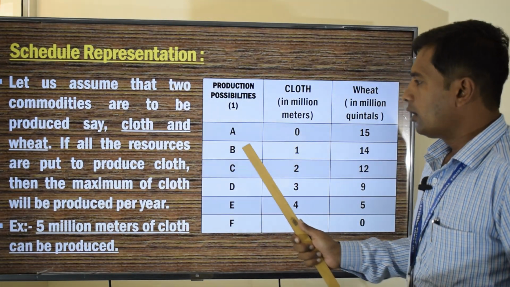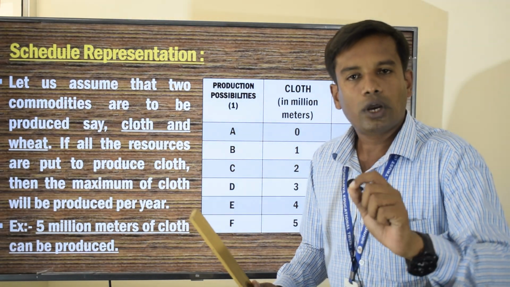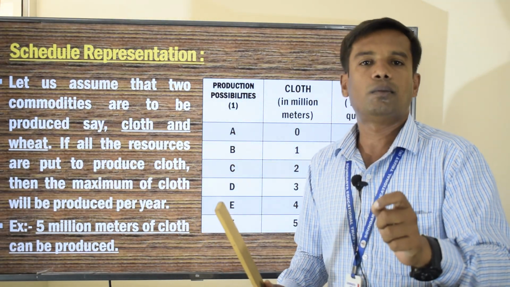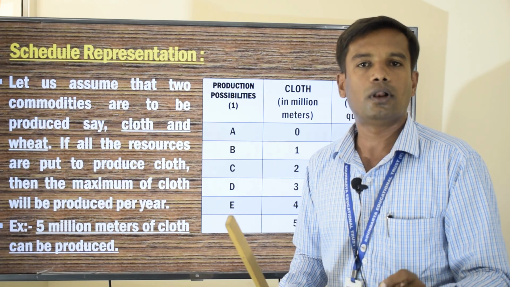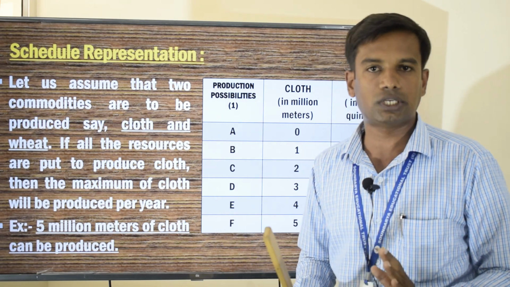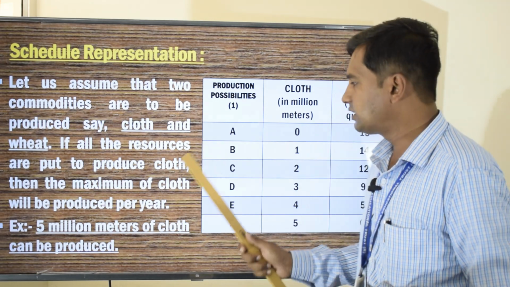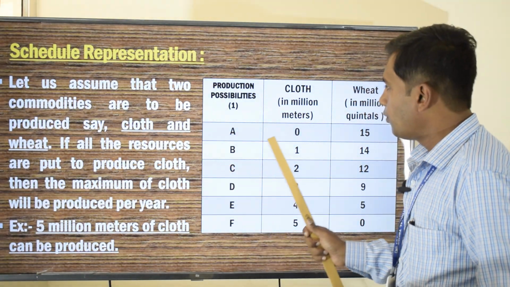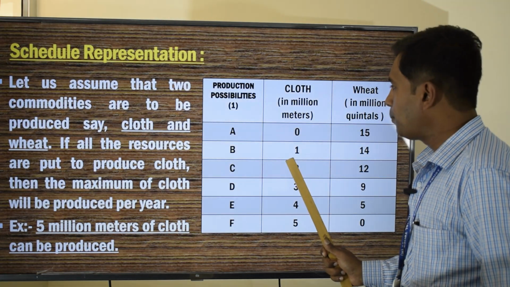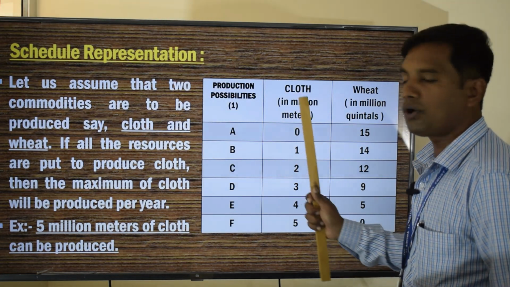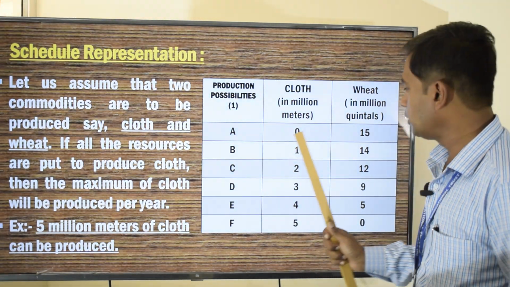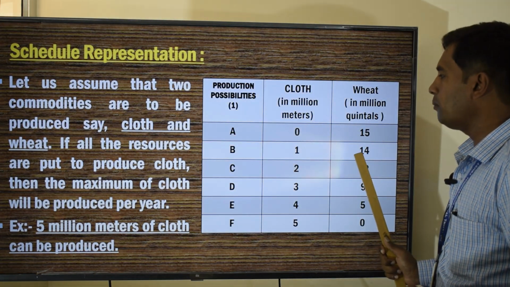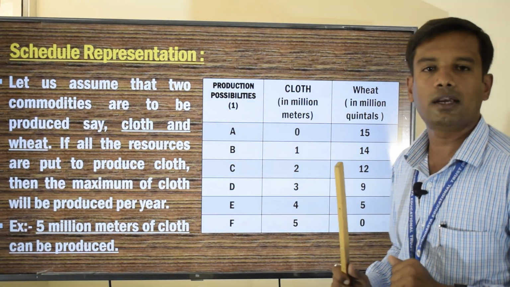Now a country decides, no, both the goods are essential, both are necessary for the people. Now it will allocate the resources for both the goods. For example, just see here, B combination, where a country or economy can produce 1 million meters of cloth, along with the cloth it can produce 14 million quintals of wheat.